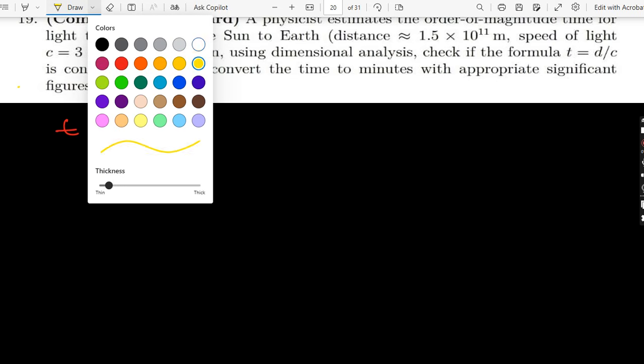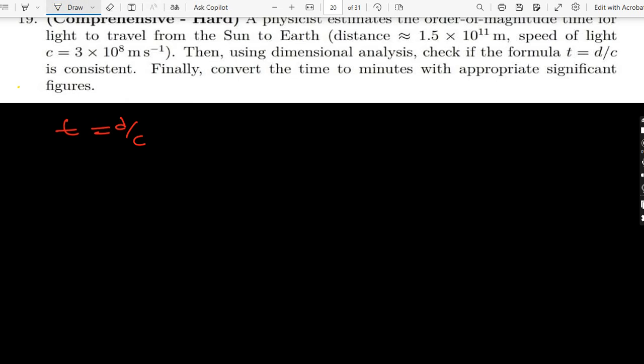Here's what I want you to do. We've been using dimensions to check formulas. Now here I'm going to use units to check if the equation is correct.